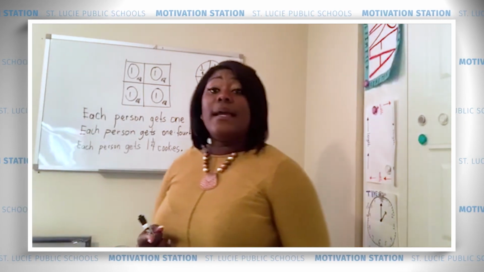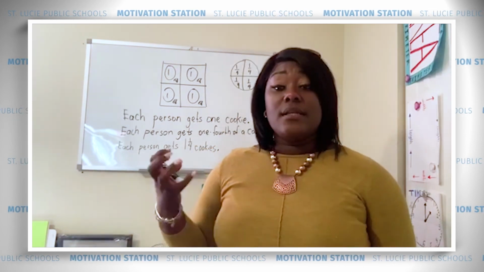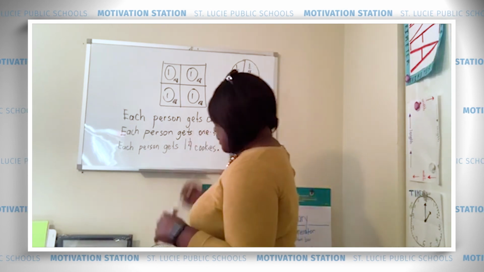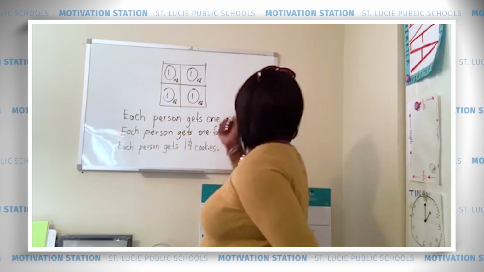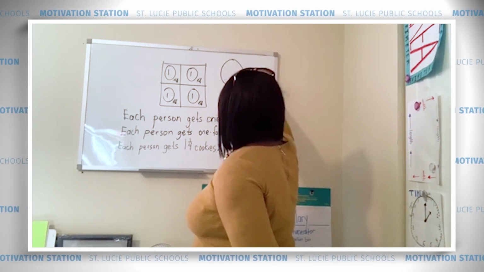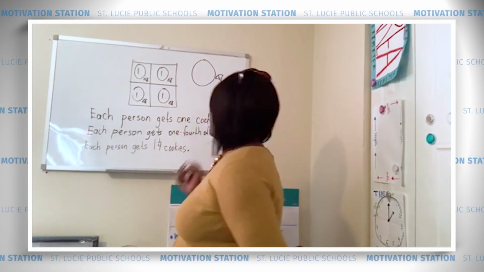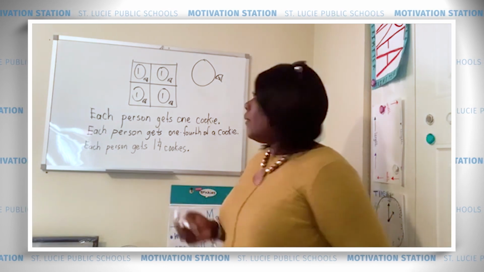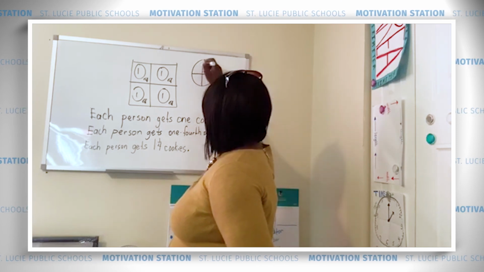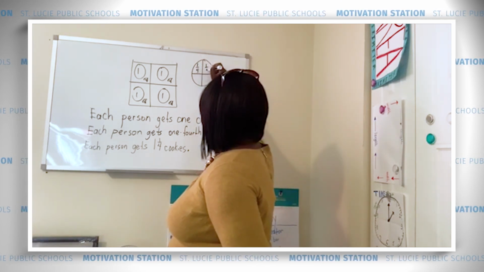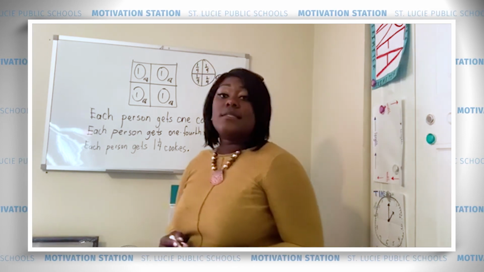Is there another way that we can represent the amount of cookies that each person gets? So here I'm going to draw a larger visual of what each person gets. Each person gets 1 and 1/4 cookie. Well, what if I was to take this whole and partition it into 4 sections? There would be 1/4 here, another 1/4, 3/4, 4/4.